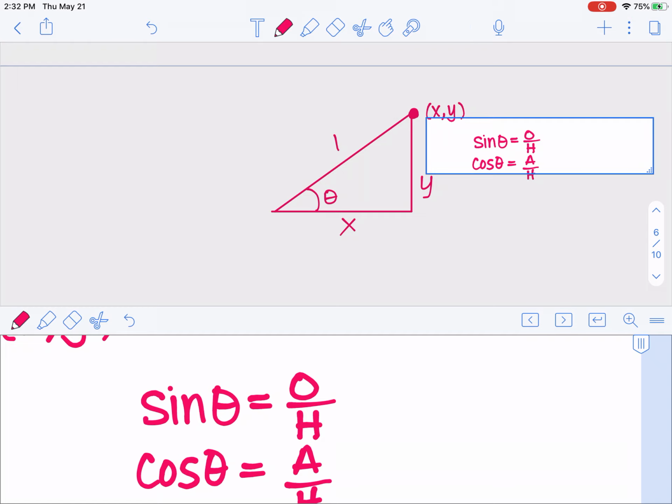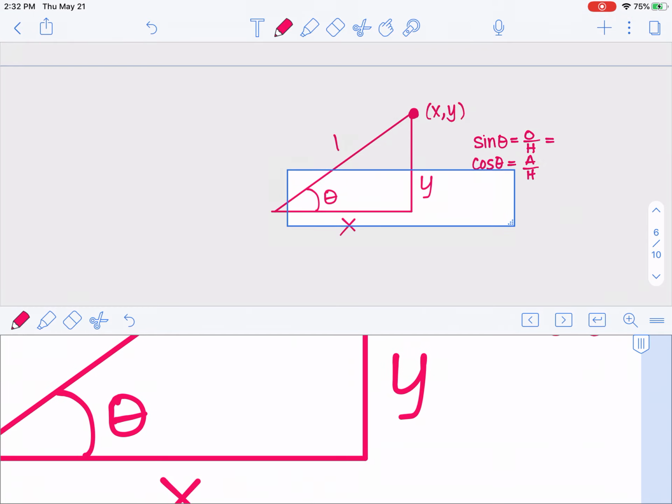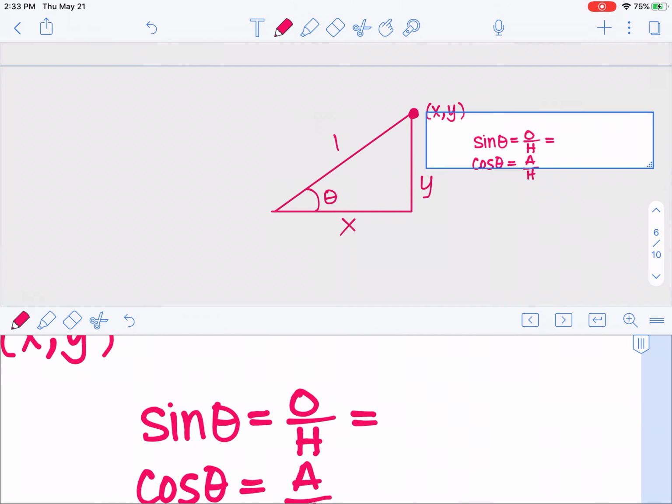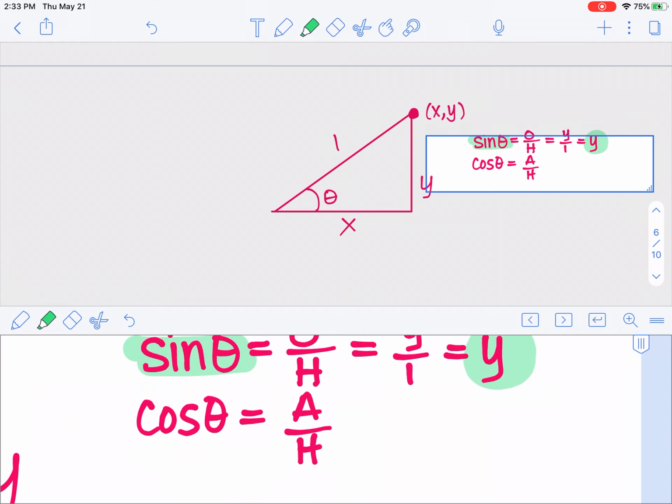In this unit circle, if I want to know the sine of this particular angle, the opposite here would be y, and the hypotenuse would be 1. And so this could be y over 1. Well, y over 1 is just y.